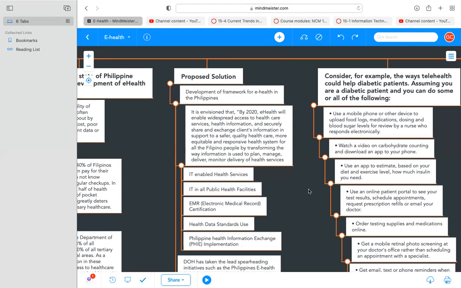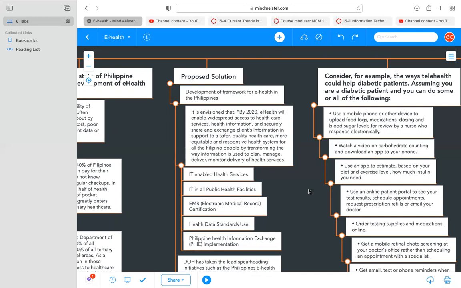Specifically, there are information technology enabled health services that were framed. Also, another solution is information technology in all public health facilities. It's another strategy.